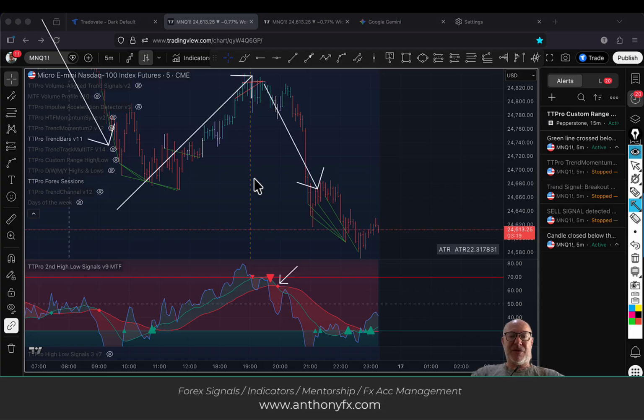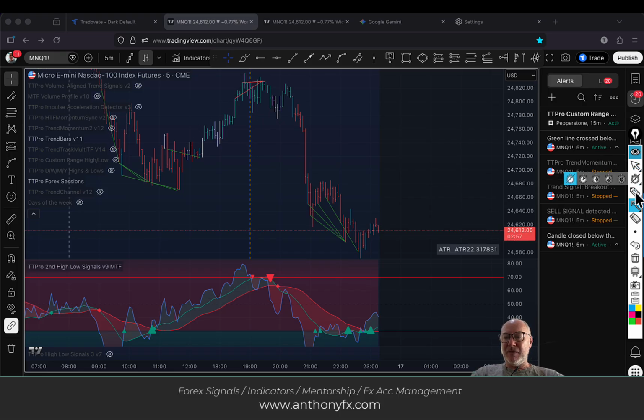So it's in a bearish trend. We're looking for this rotation around here. We want that pullback. We want these green candles. When that fires right there, we get serious because at that point we don't see any red candles yet. So what we do at that point is we come in and we set an alert off the trend bars, this indicator here, to give us the next red candle. That's one alert we can set.